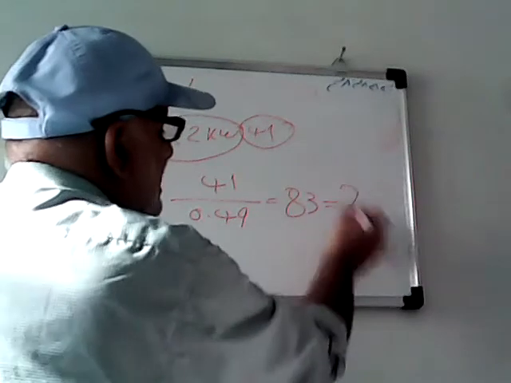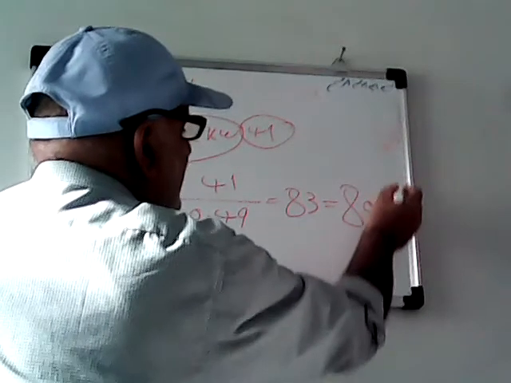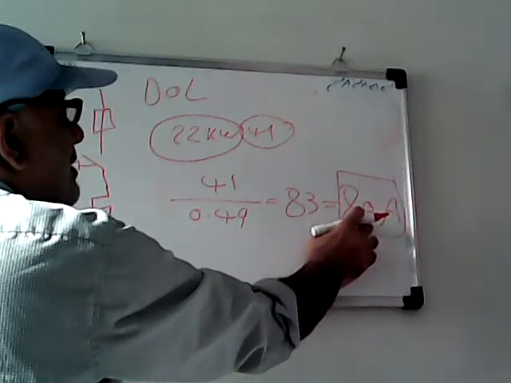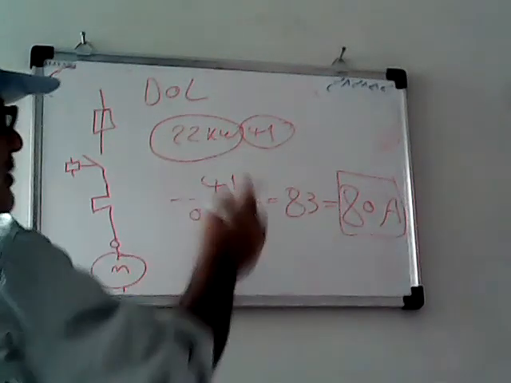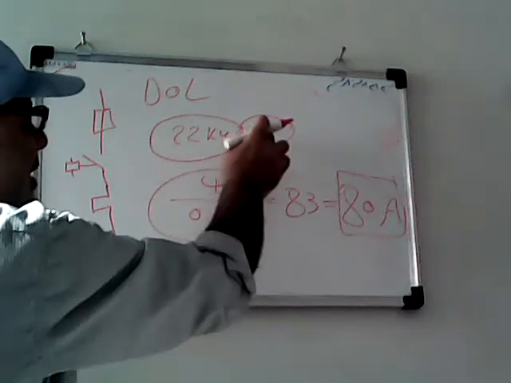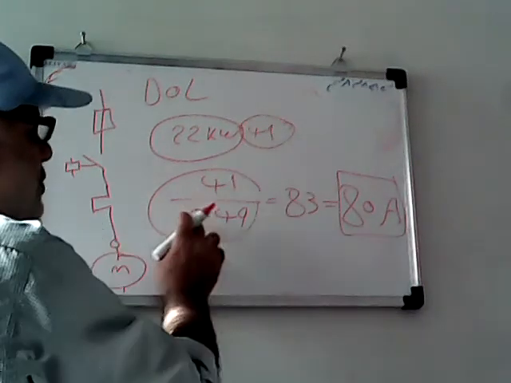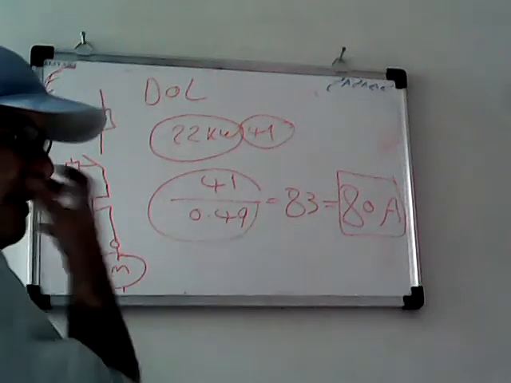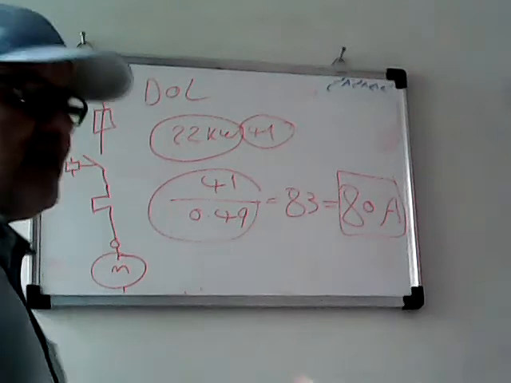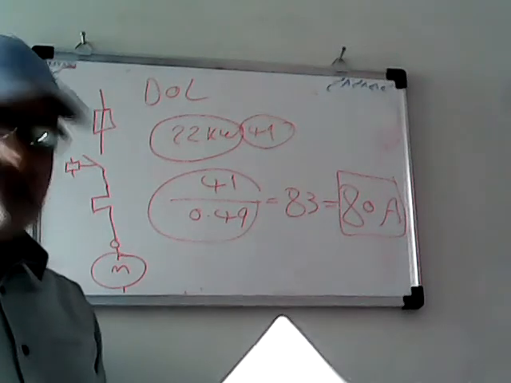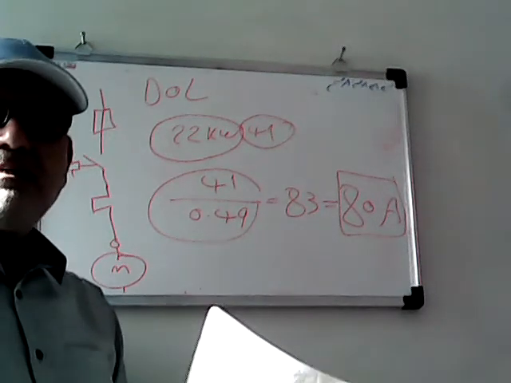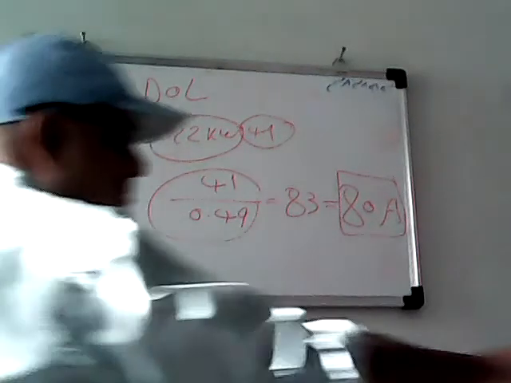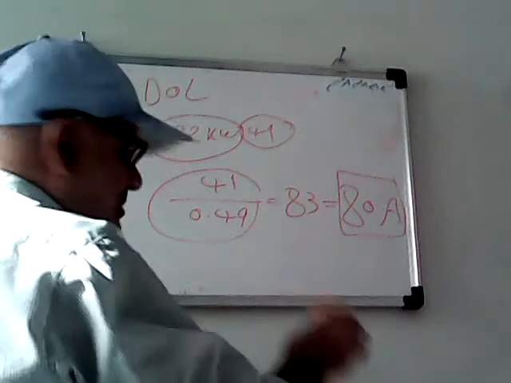We have fuse rate 80 amperes that you choose for your electromotor. Very easy. Just divide the nominal current by 0.49. That came out from my experience working in industry. That's my method. All this I say to you is my method.